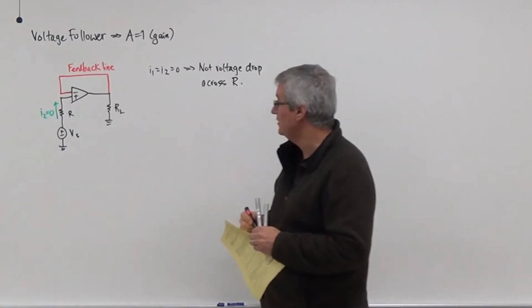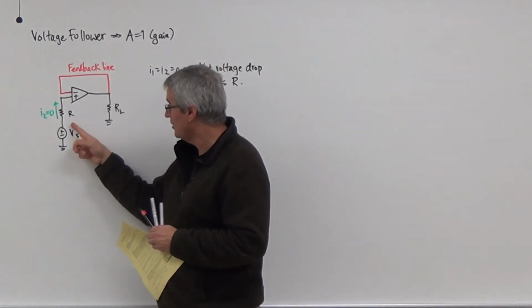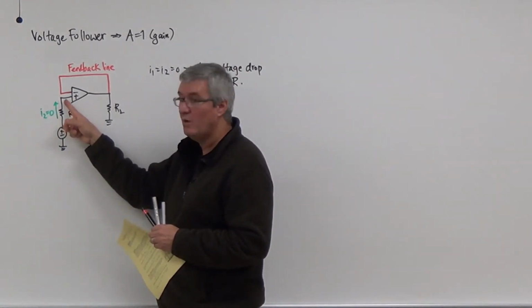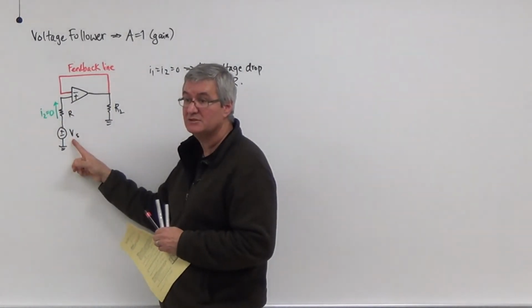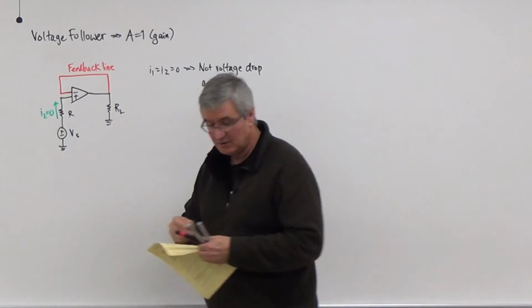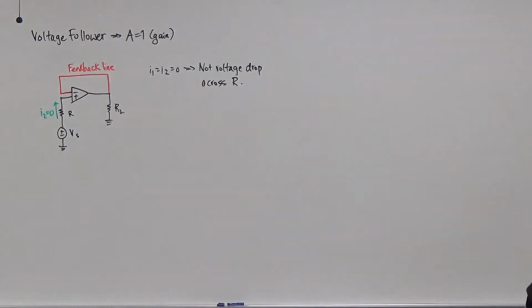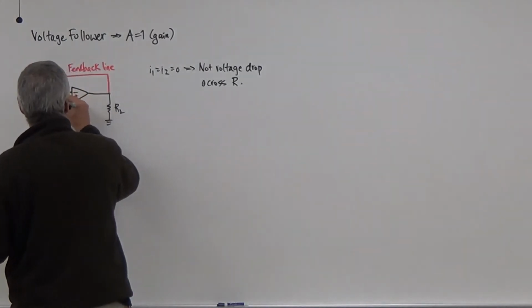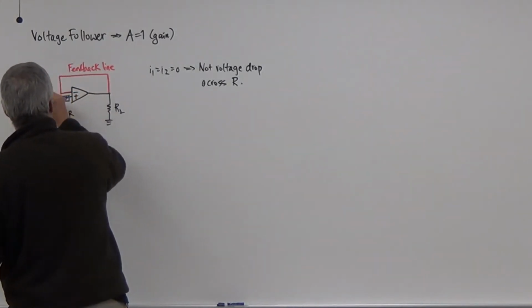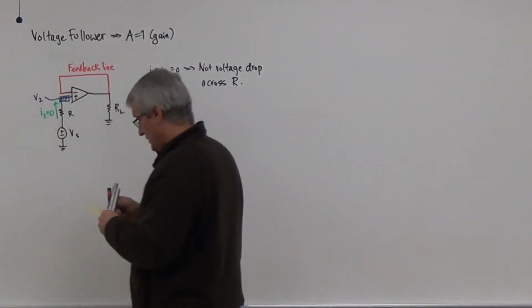So what you're seeing here is that this node, V1 or V2, must be the exact same voltage. So if I come in, you're going to see that this node right here is V2.